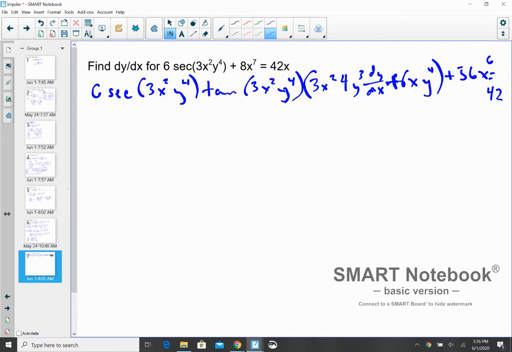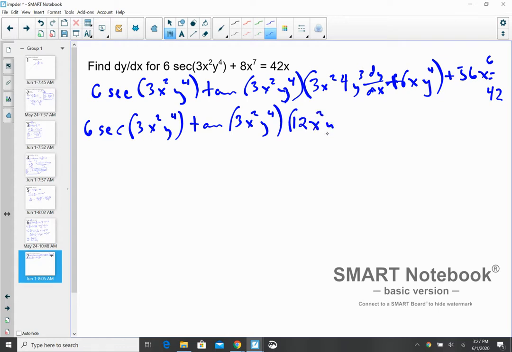I'm also going to move that 56 on the 56x to the 6th onto the other side too, to clean things up a little bit. So it starts off, I've got 6 and then the secant 3x squared y to the 4, and then the tangent 3x squared y to the 4th. I'm just doing some algebra at this point, just cleaning stuff up. Now 3 times 4, you need to take out your calculator. Here's the dx.